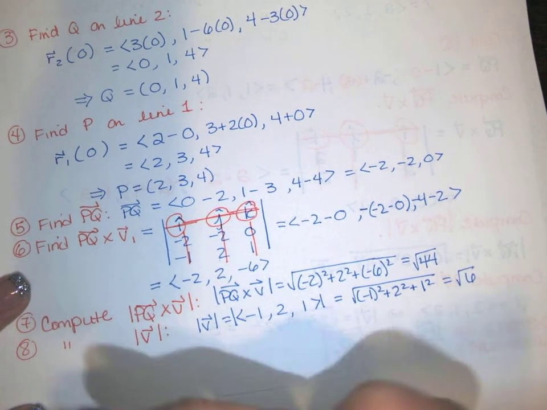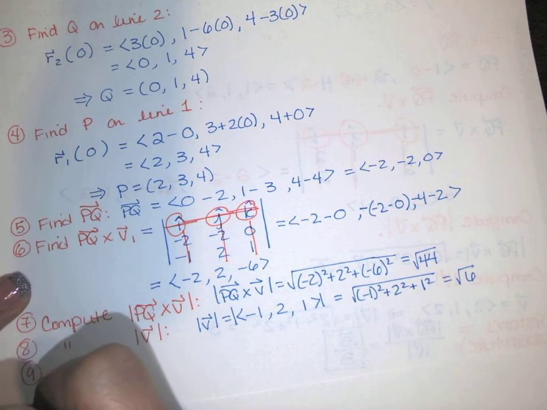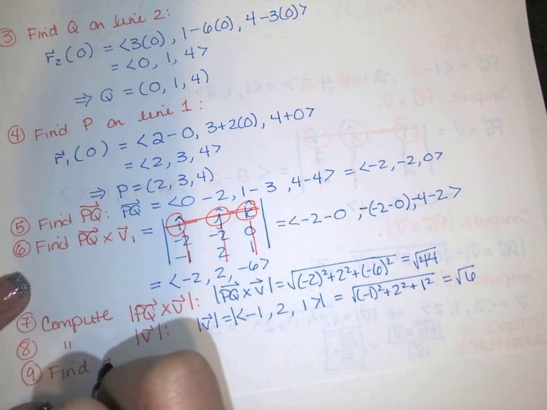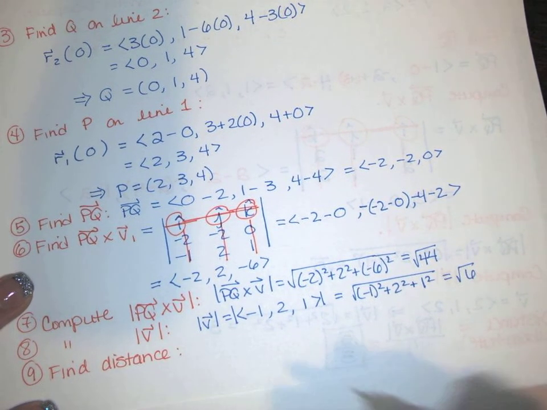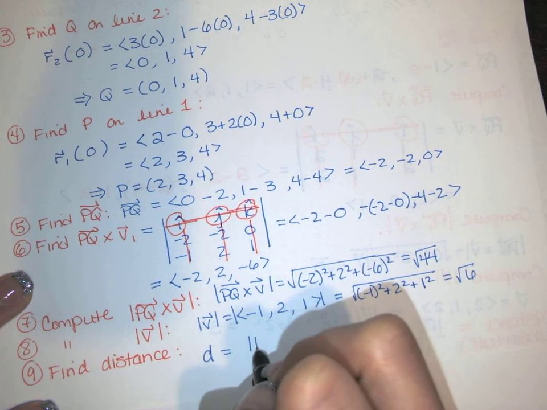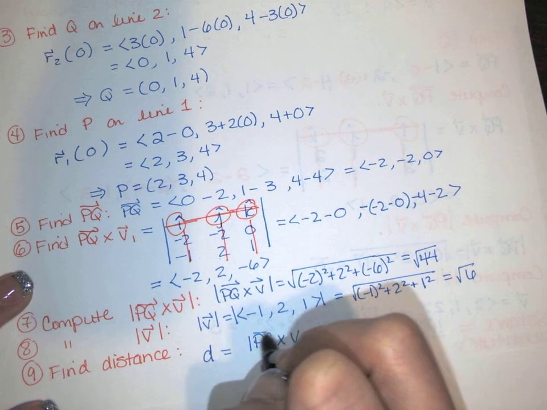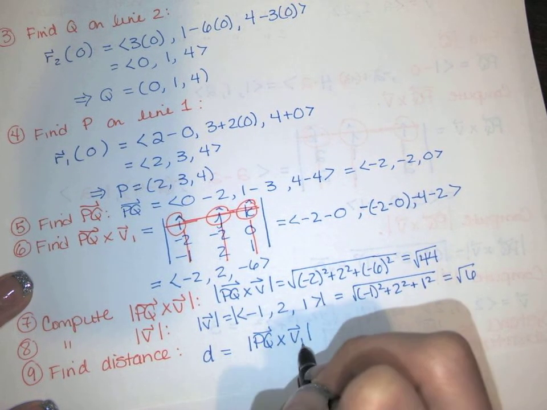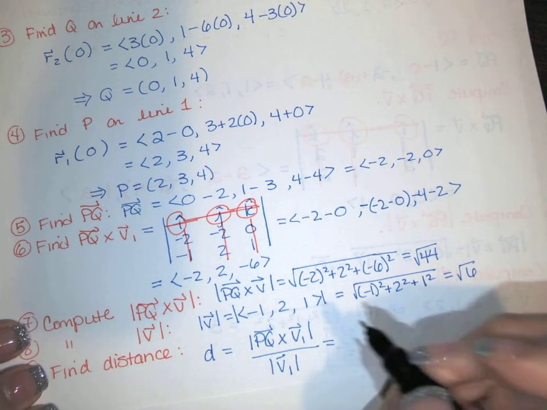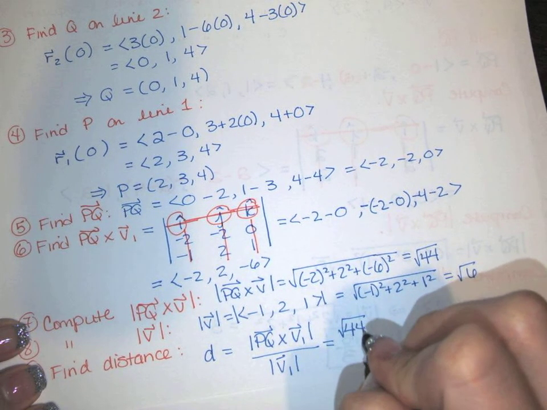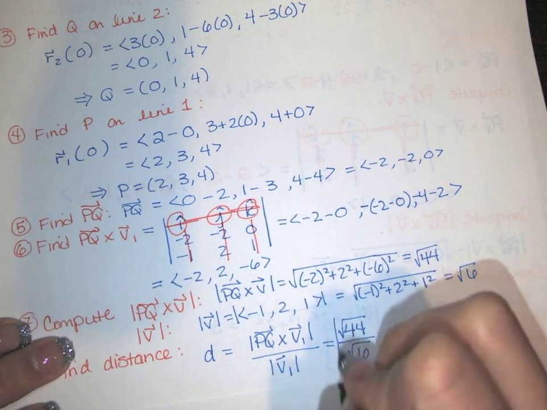And then the last thing we do is we find the distance. Distance equals the length of PQ crossed with V1 divided by the length of V1. And so we get square root of 44 divided by square root of 6.